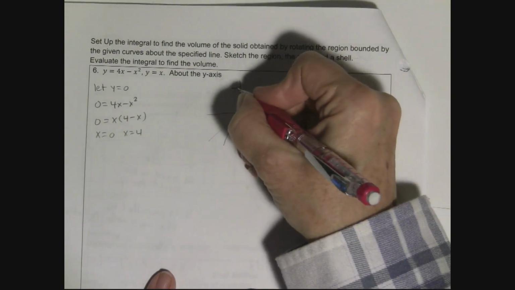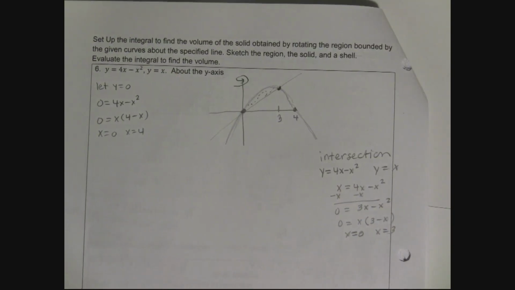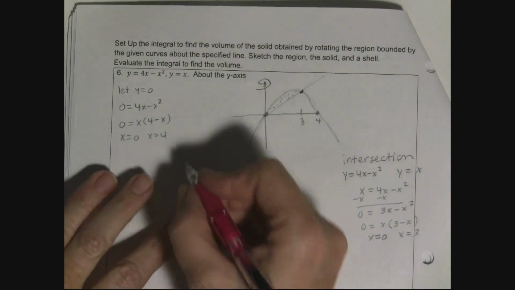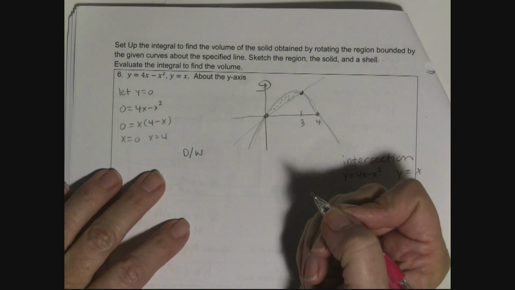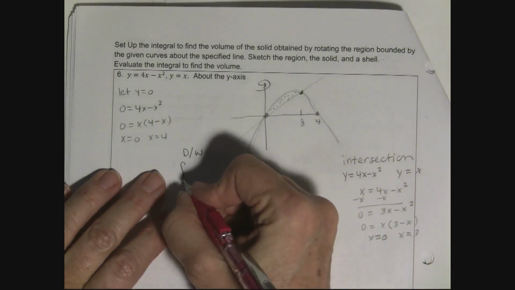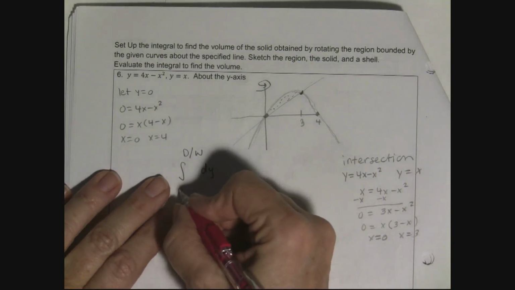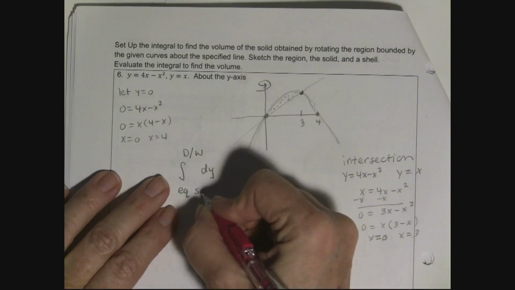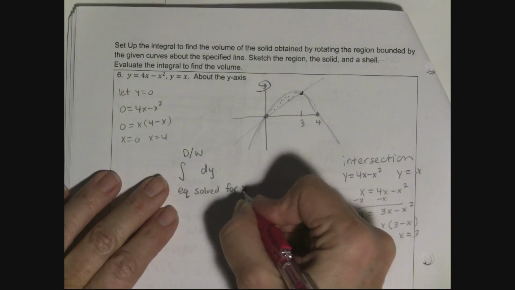And they're going to rotate that region around the y-axis, they said. So if I was going to do a disc or a washer, pretending like I don't know what I was going to do, because it's going around the y-axis, this would be dy, which would mean that my equations need to be solved for x.